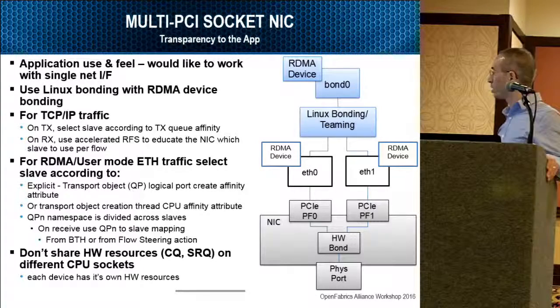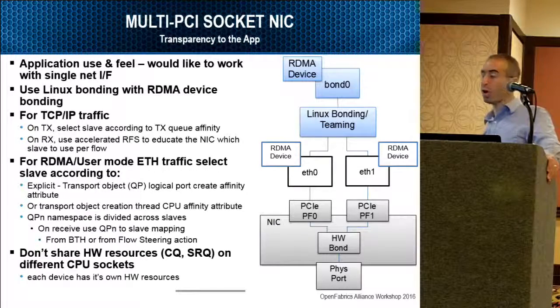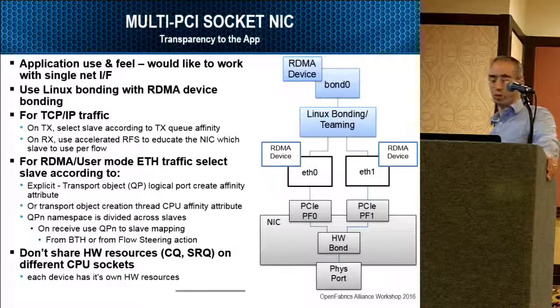So basically, whenever there is a receive, we do a match on the 5 tuple, and we know which one of the legs should be chosen for passing the traffic up the stack. For RDMA, as I mentioned before, we have the transport object.